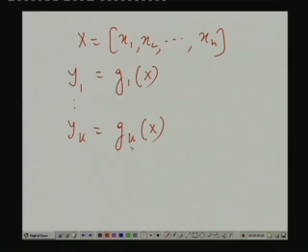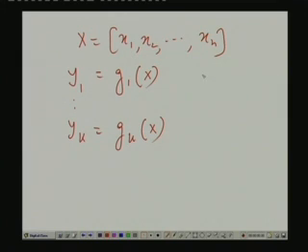Our purpose will be to find out the joint statistics, that is joint distribution or joint density, I would say. I mean, both are equivalent, you can obtain one from the other. Joint density say of these random variables y 1 to y k given the joint density or distribution of the random variables x 1 to x n.